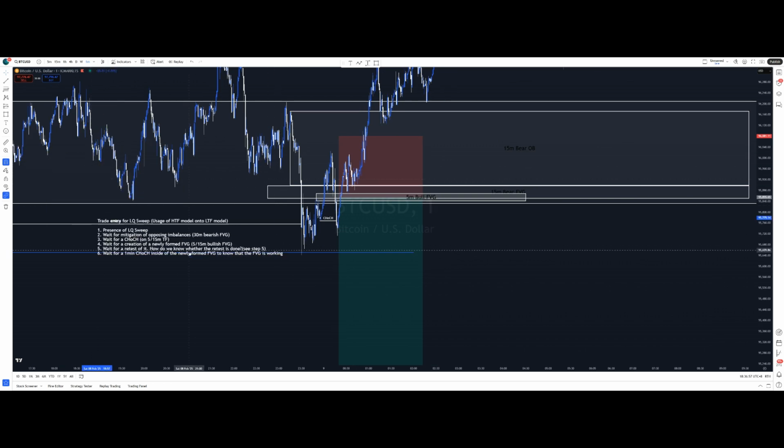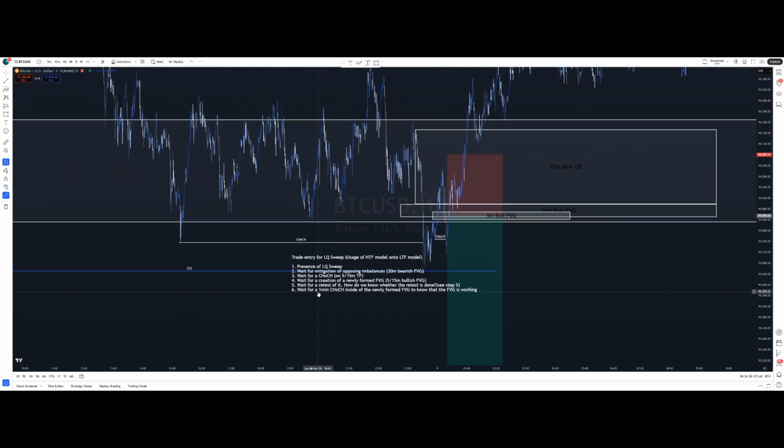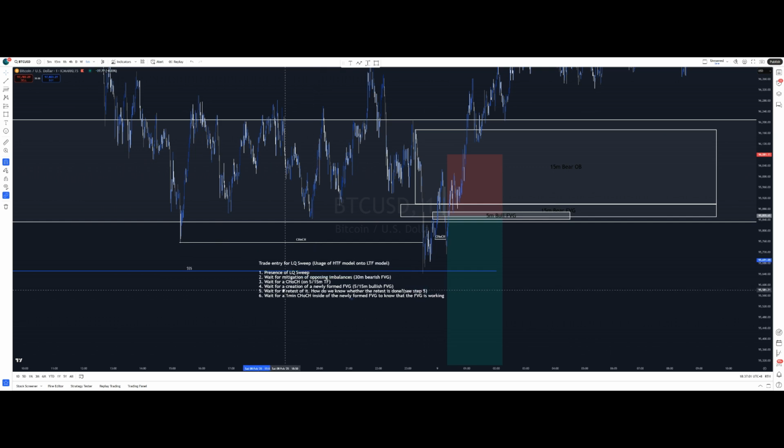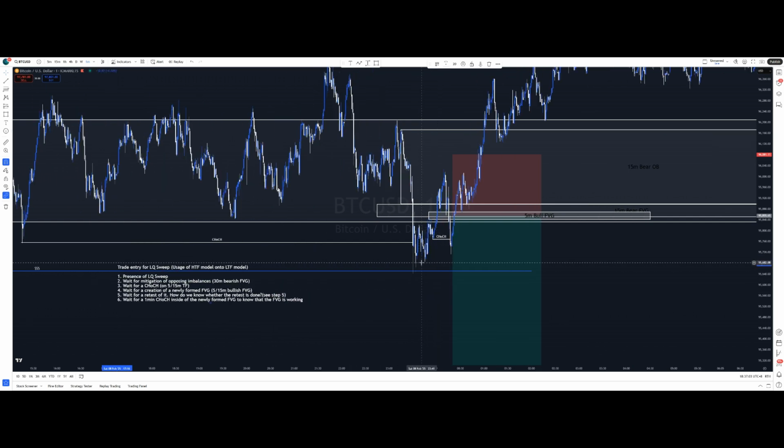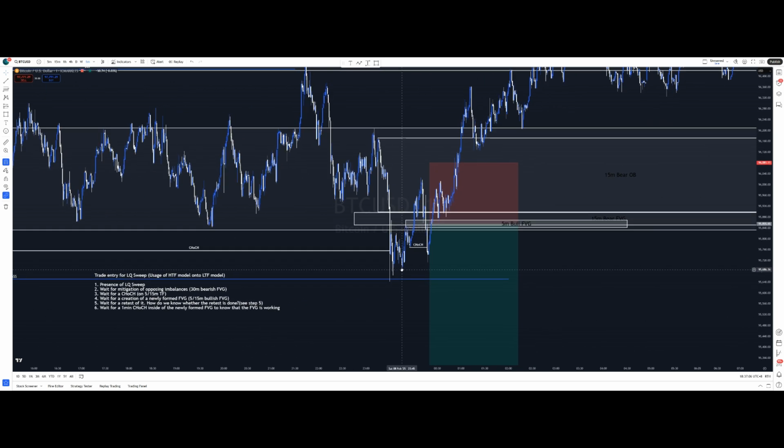So I realized that the placement of stop loss does not really matter if your analysis is pretty concise and accurate. So I placed my stop loss here at only this small portion, and my TP is really large, because if it goes in my direction, most likely my stop loss won't be taken out.